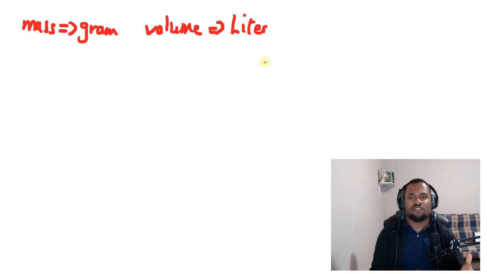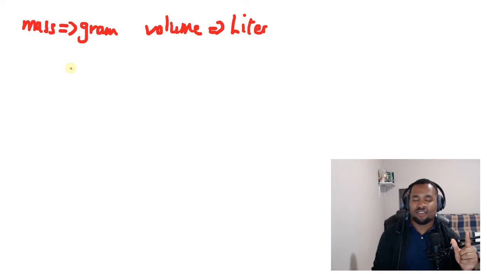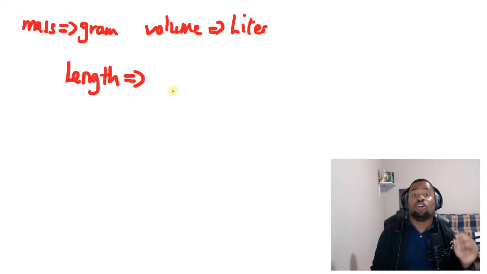parameter that we're going to be exploring, and this is going to be focusing mainly on a specific quantity, which is called length. And length here is going to be measured using the unit which is called meters. And you're going to be seeing different types of meter.